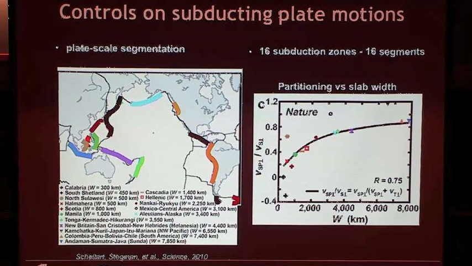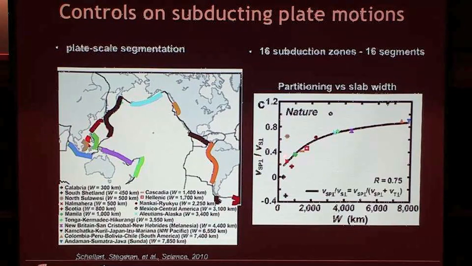This is the fraction that's subducting plate, and the fraction has this nice relation with plate width. A fraction of 1 would imply that it's entirely subducted through forward plate motion, and a 0 would imply that the plate is subducting entirely through trench retreat. And we see a strong dependence on the width.